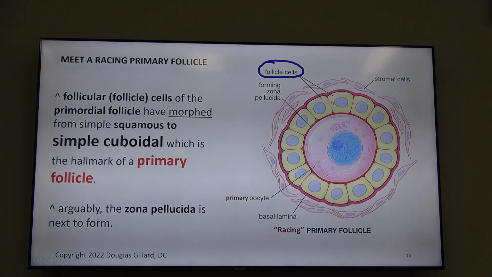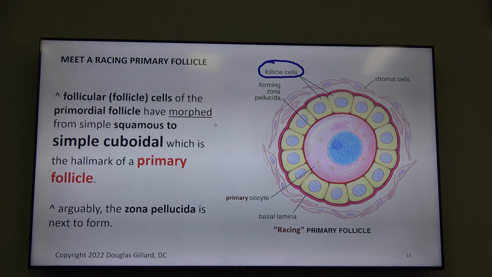I forgot to mention that all cells have to sit on something, right? Cells are always sitting on a basement membrane or basal lamina. What happens when cells detach or don't have a basal lamina? What are they known as? Cancer. Cancer cells, to become a metastatic type disease, have to break loose from the basal lamina. So thank goodness these are attached to a basal lamina.